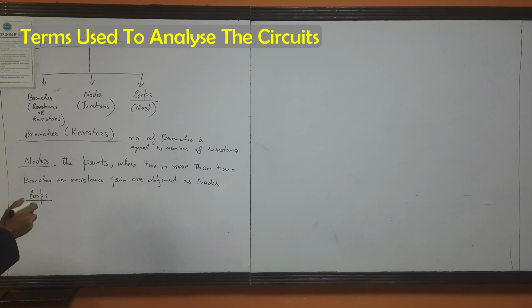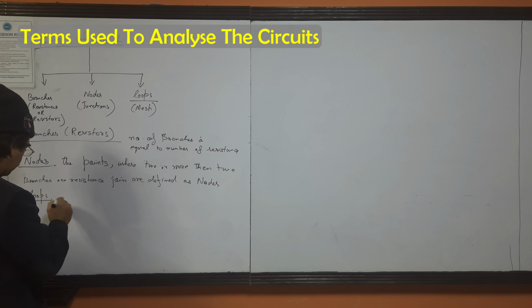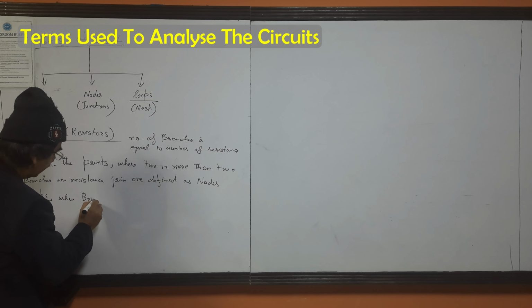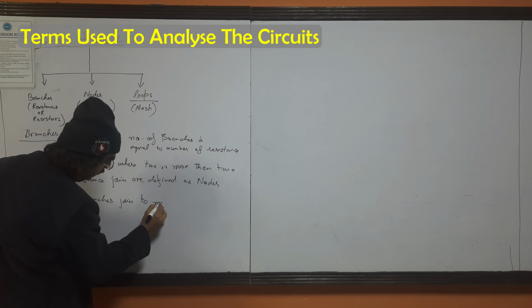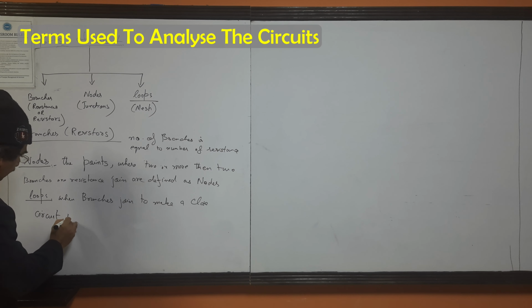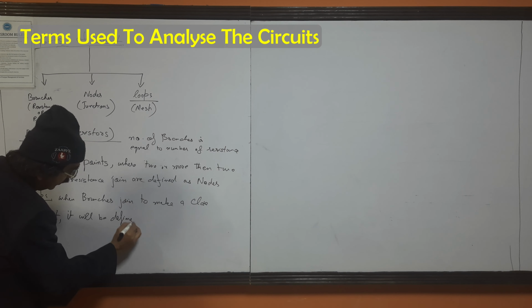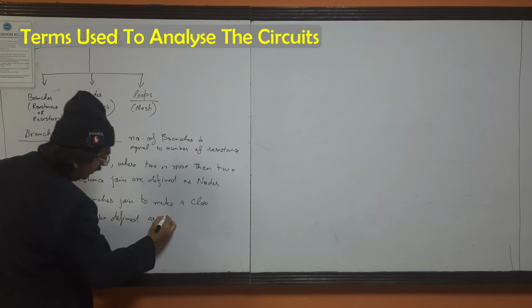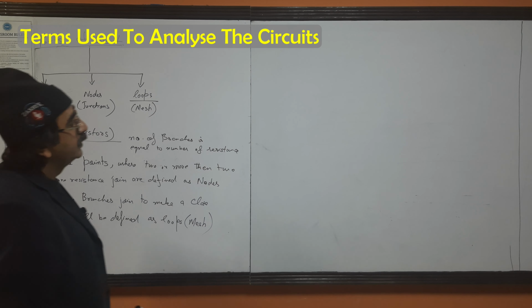Similarly, number of loops: when branches join to make a closed circuit, it will be defined as loops or mesh. Okay.